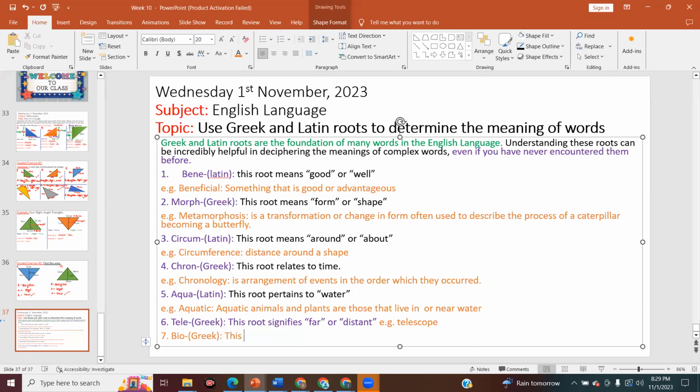So this root relates to life. So biology is the study of life, right? All right, so an example of this would be biology.